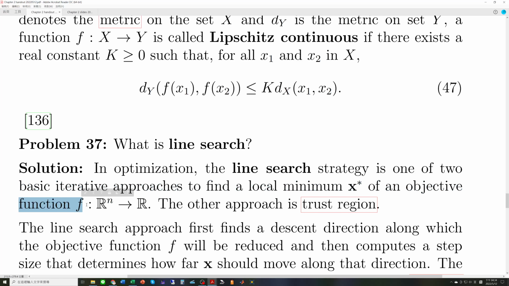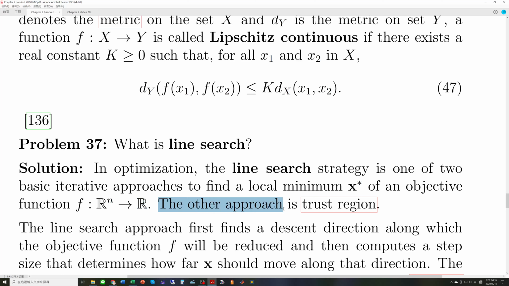Okay, f is a function from R to the power of n to R. Do you remember what this symbol means? It means the n-dimensional real vector space. And R is the set which contains all real numbers.